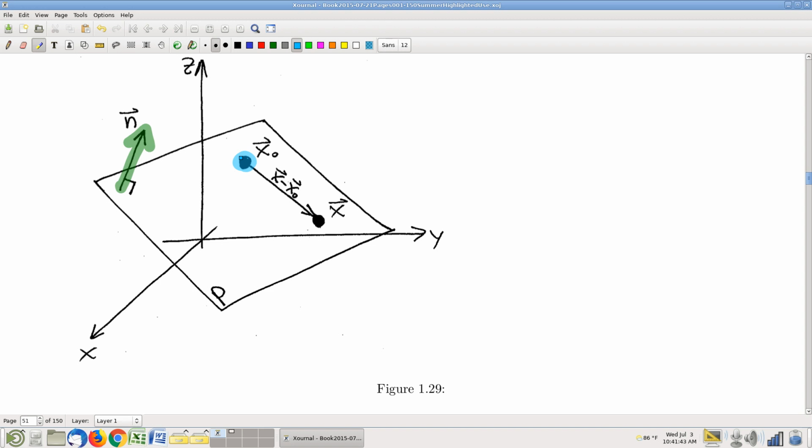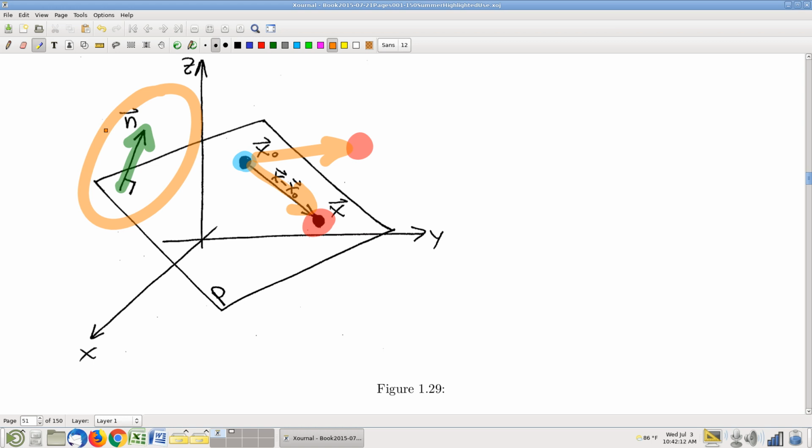How would I decide if a point x is in the plane or not in the plane? Same game. In or not in corresponds to these difference vectors either being parallel or not parallel to the plane, which corresponds to being perpendicular or not perpendicular to the normal vector, which means the dot product is 0 or not 0, as the case may be.